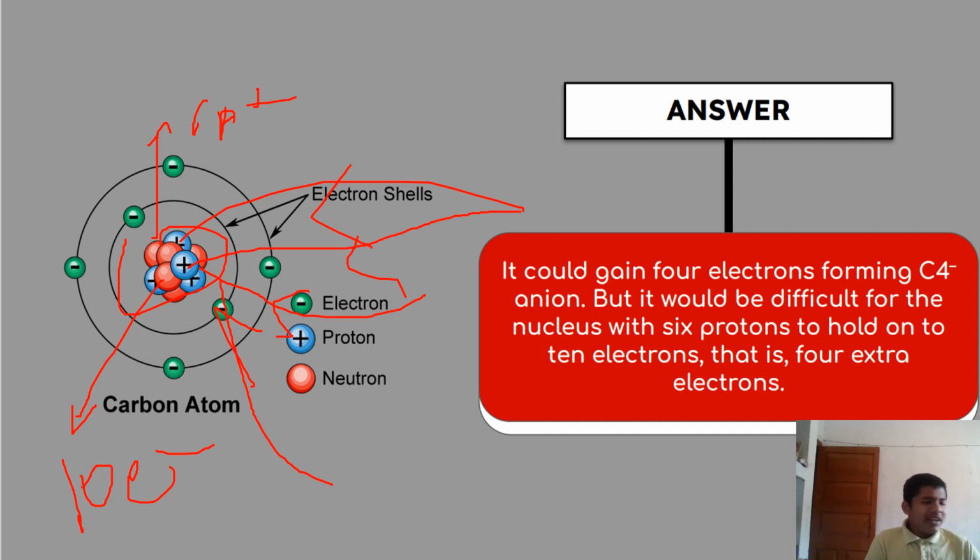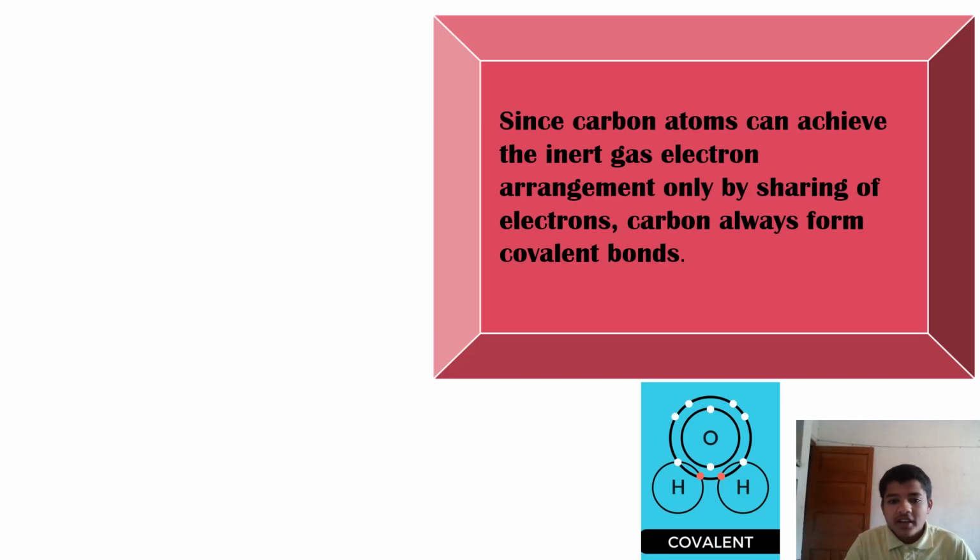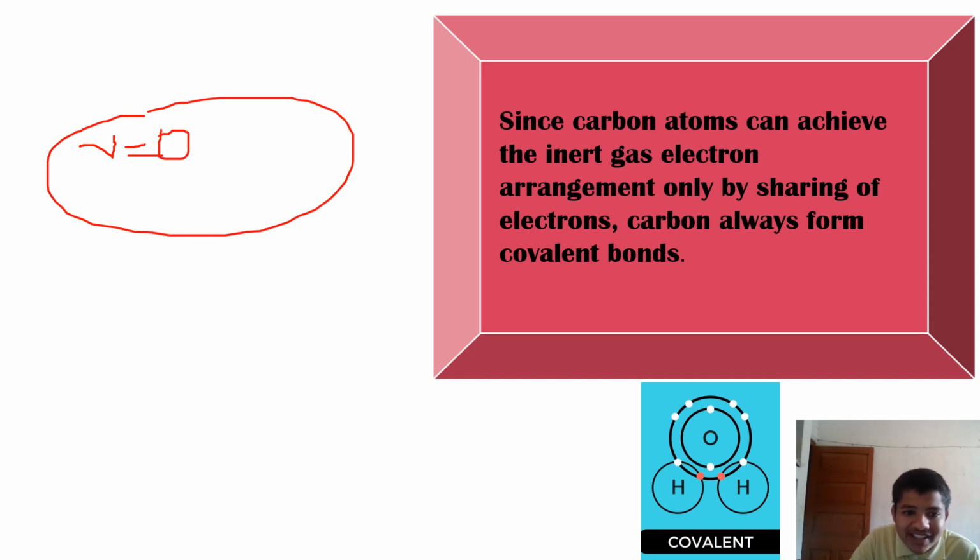Clear. So now you said it won't gain any electron, it won't lose any electron. Then what will carbon actually do? See, a very interesting topic is going to come. Carbon atoms can achieve the inert gas electron arrangement only by sharing of electrons. See, what is inert gas electron arrangement? It means the element whose valency is 0.